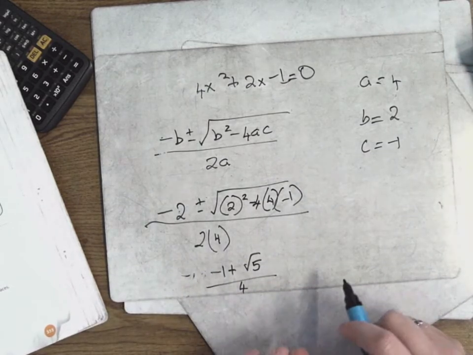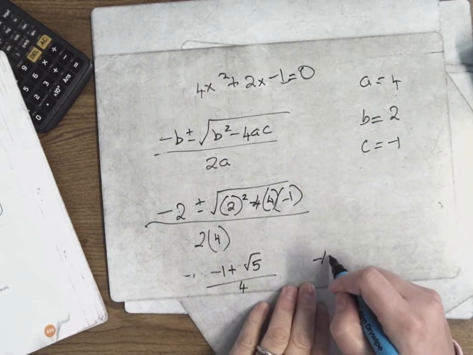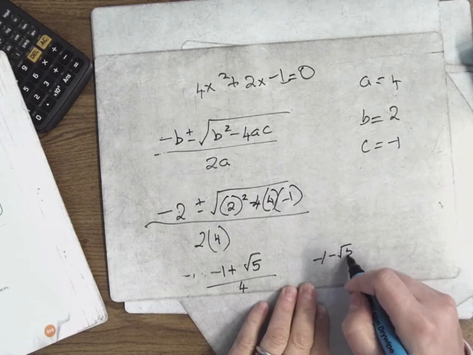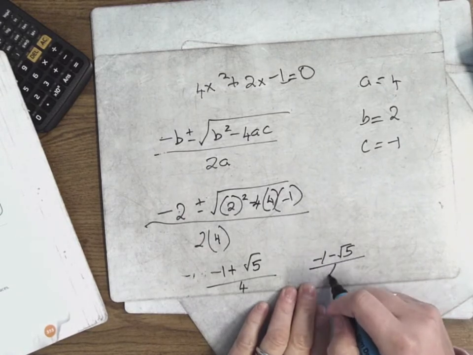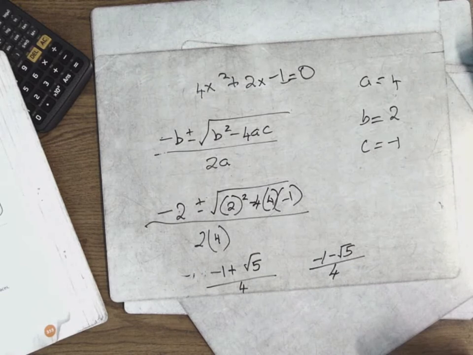Then you go back and put in the minus sign and it'll give you the exact same thing with a minus in it: minus 1 minus the square root of 5, all over 4. And you press S to D if they ask for decimals, but they didn't.